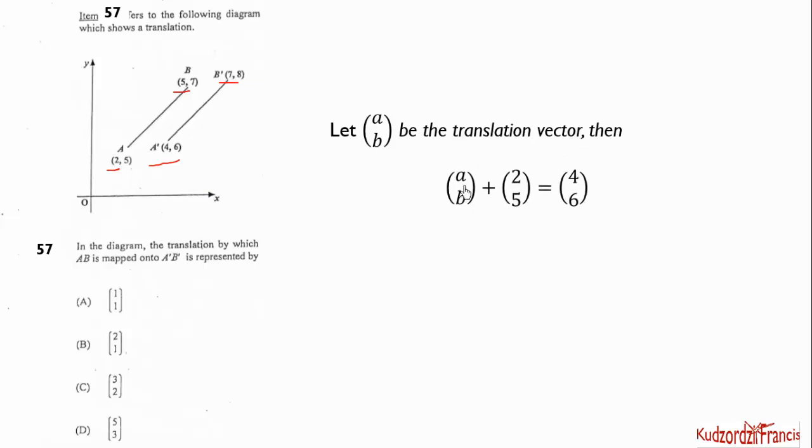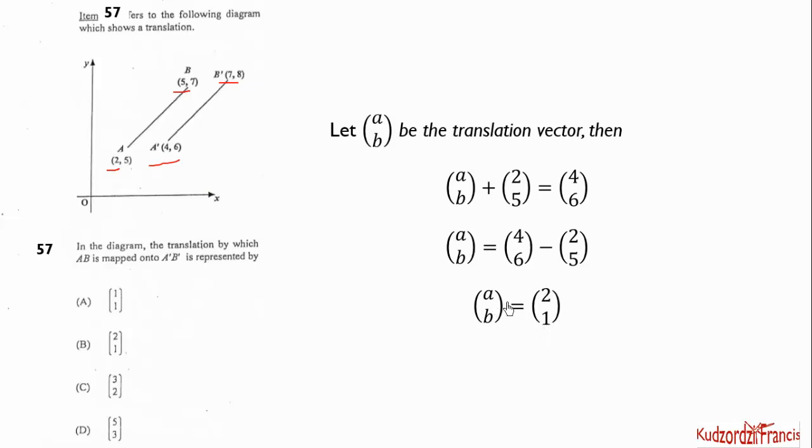If this is the point, then we can write it as a column vector. So we have A plus 2, then B plus 5, which should give us 4, 6. So by equality of vectors, let us first of all subtract this. 4 minus 2 and 6 minus 5 will give us 2, 1.